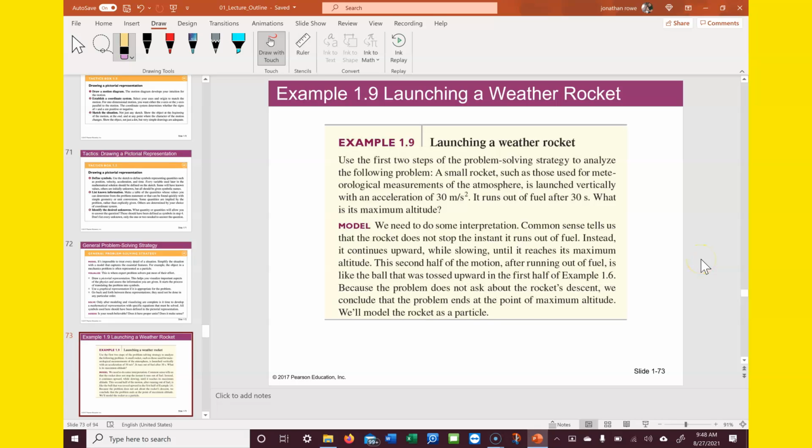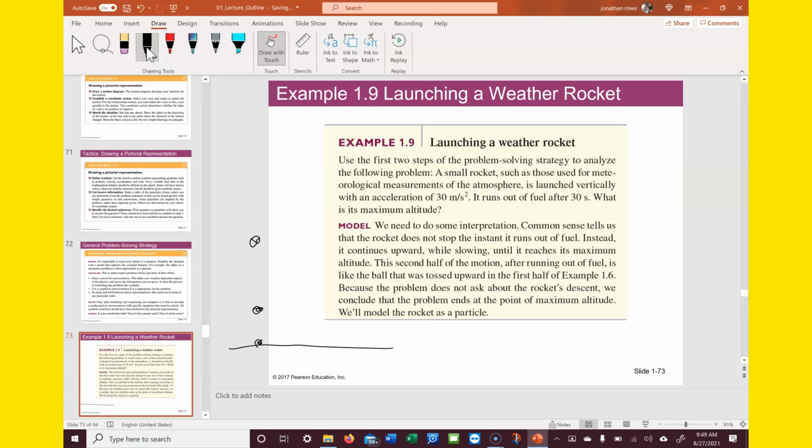So if I'm drawing a motion diagram for this rocket, here's the ground. I don't have my stylus, so I'm drawing with my finger, so the drawings may not be very good. But at time 0, the rocket is here. It's accelerating upward, so at time 1, maybe it's here. At time 2, it's here.